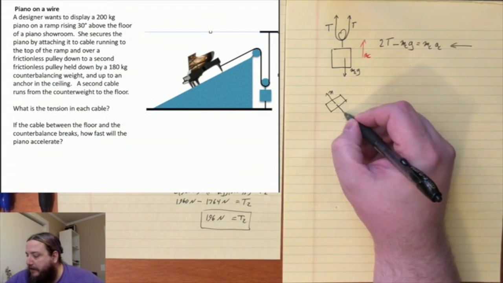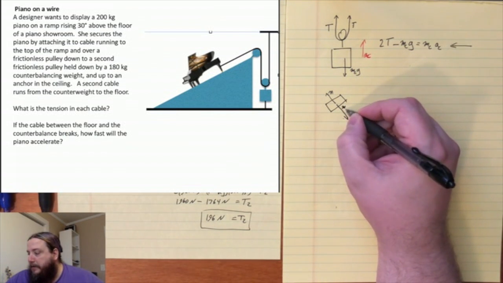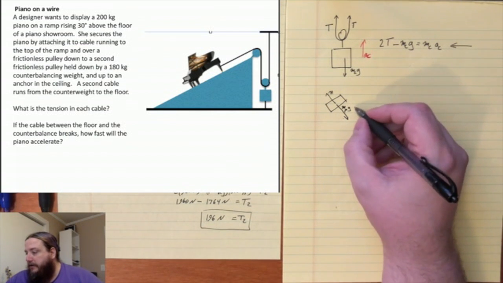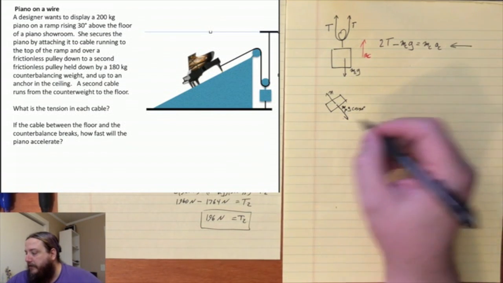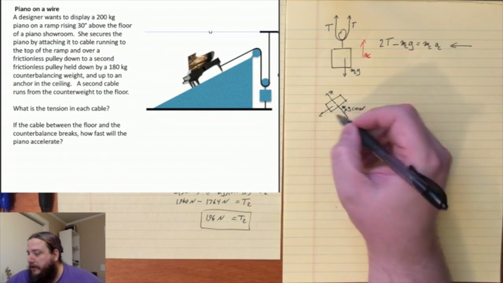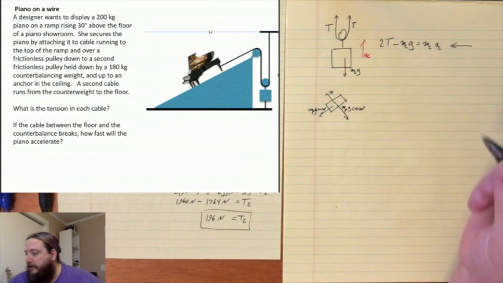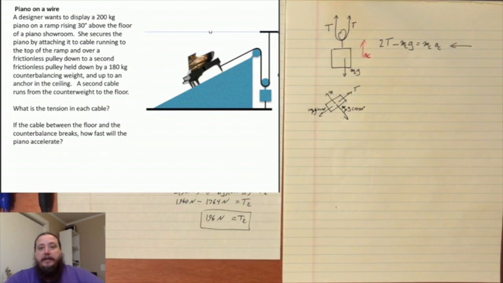But if we go back now, we still have a normal force. We still have the mg cosine of 30 degrees in that direction. We have our mg sine of 30 degrees in that direction, and we have our tension in that direction.